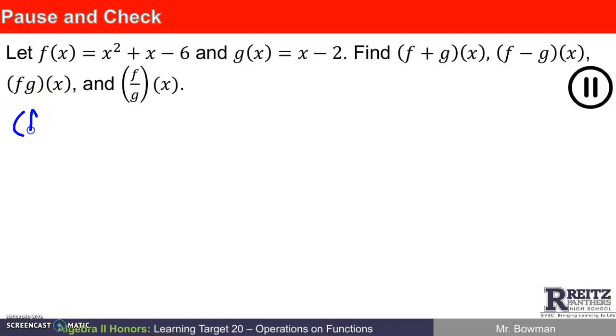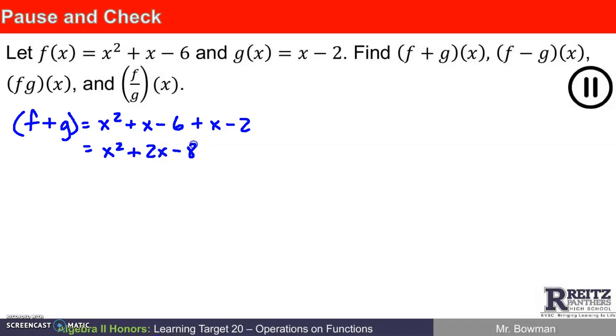For f plus g of x, all I really need to do is to add x squared plus x minus 6 to x minus 2. And I get x squared plus 2x minus 8.